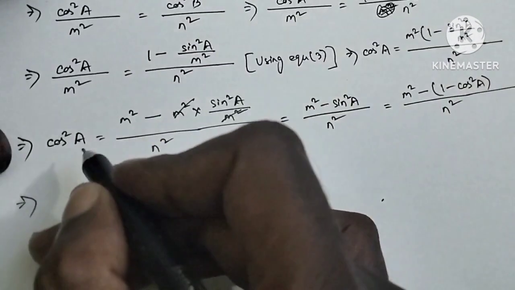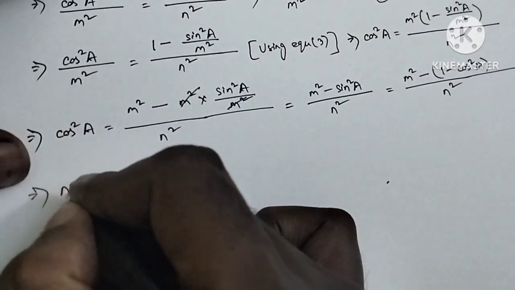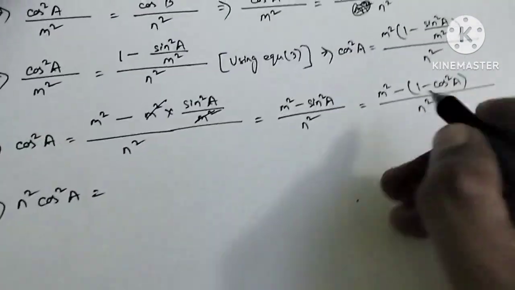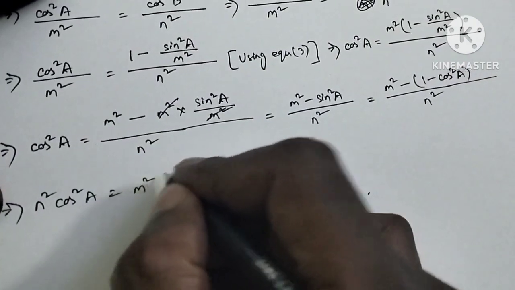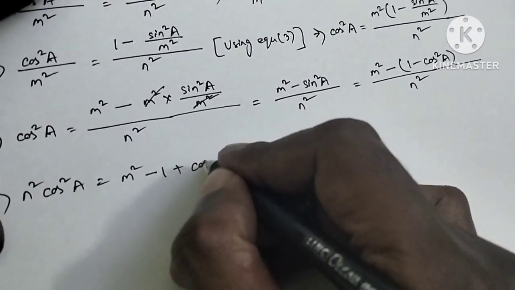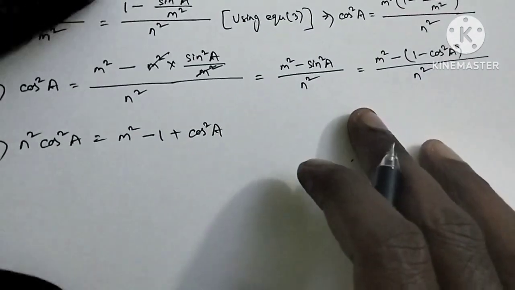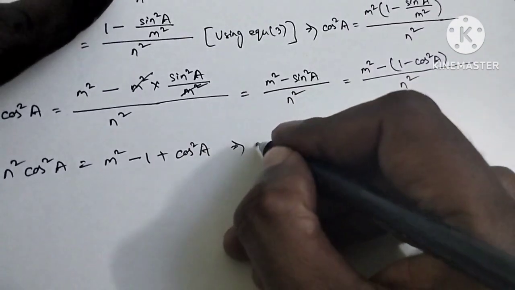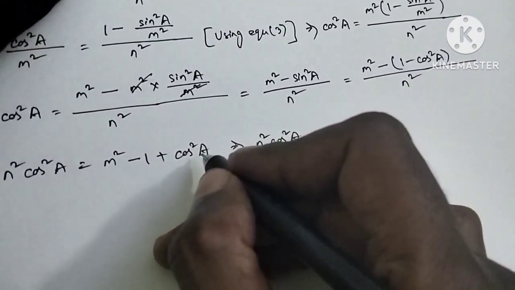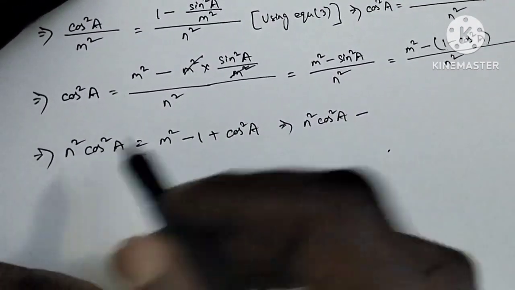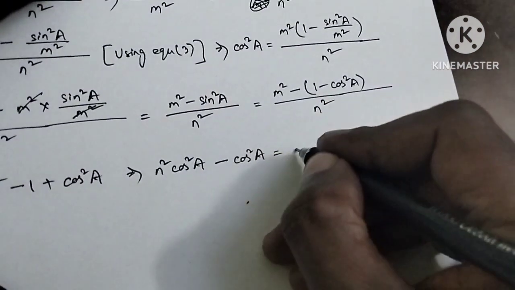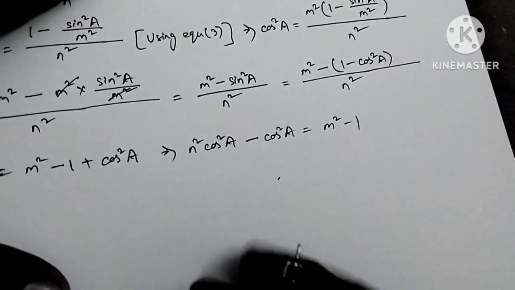So now what will happen? This n square will be multiplied with the cos square A and become n square cos square A, right, is equal to m square minus 1 plus cos square A, right? So now n square cos square A, this cos square A will go from right hand side to left hand side, so minus cos square A is equal to m square minus 1.